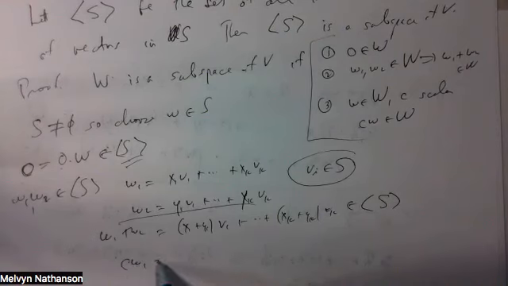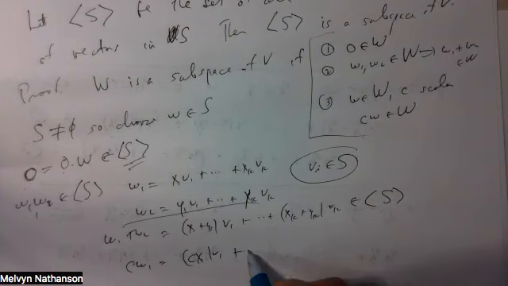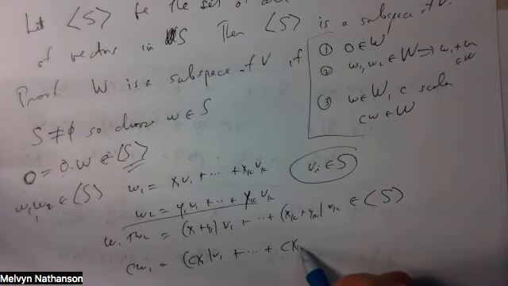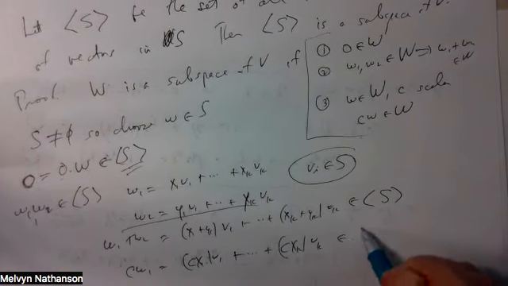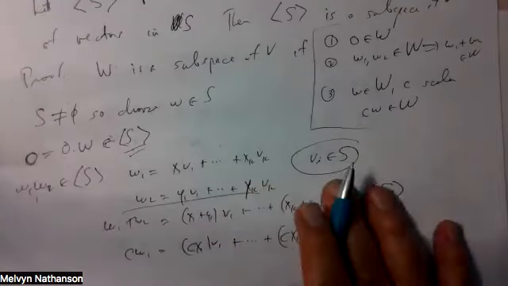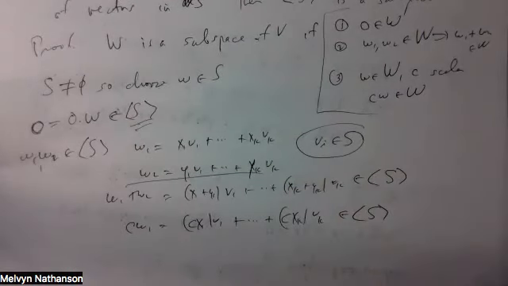And c times w1, just multiply by the scalar, you get c x1 v1 up to c xk vk. That's also in the set. So the set of linear combinations of elements of S is a subspace. It's called the subspace generated by S.